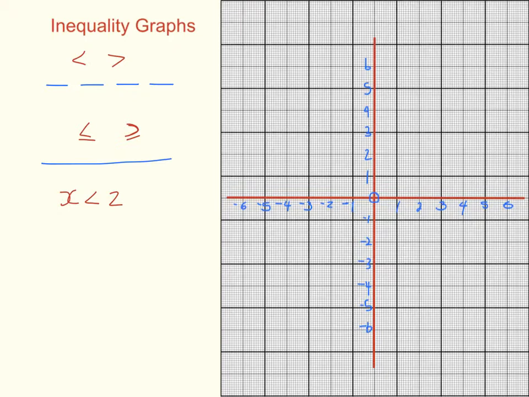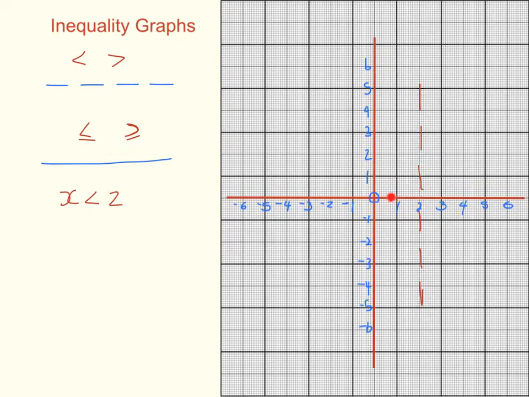So I will go to x equals 2. That's a little bit off, isn't it? Let's make sure we get that right. So on the line of x equals 2, sorry, I'm doing this freehand, so you can see it's not really sitting directly on the line. Anyway, this is now telling us that x is less than 2.